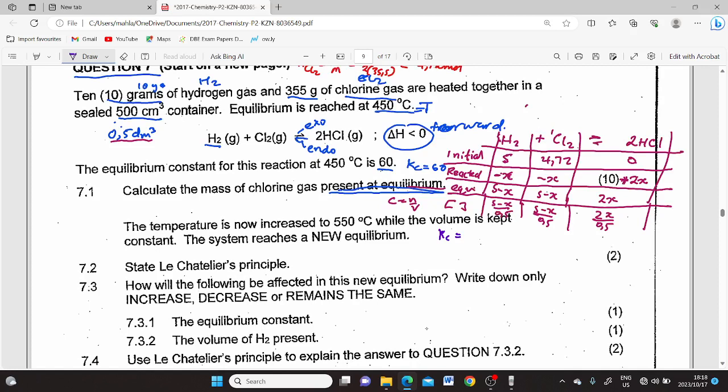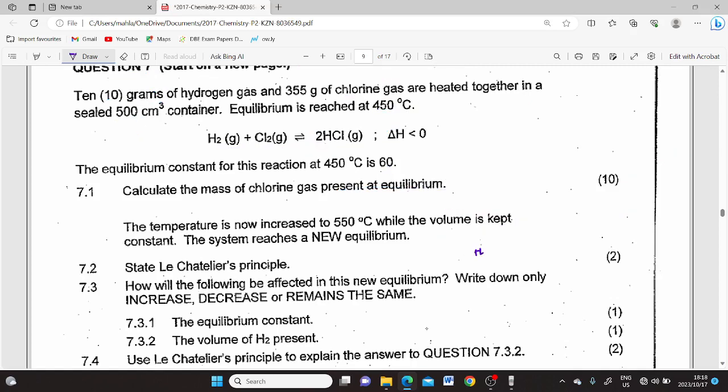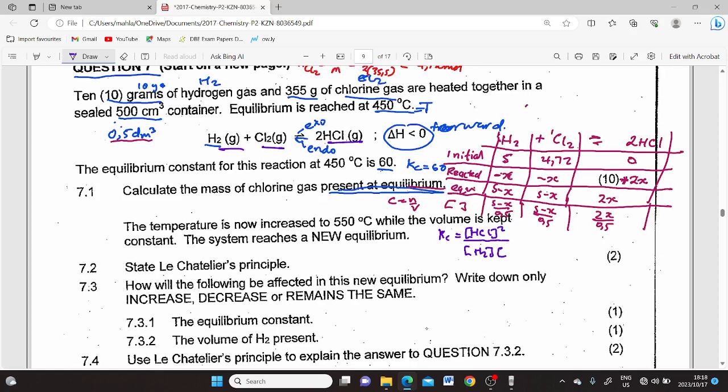Now our Kc here is for the gases. So it will be the product, which is HCl squared over the hydrogen gas multiplied by the Cl2 gas.